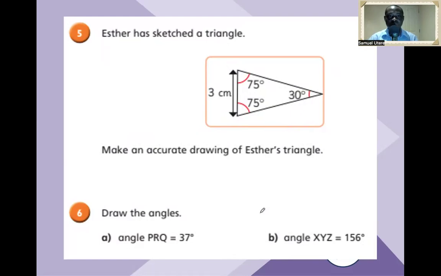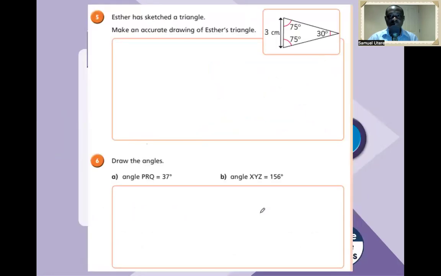Assuming you've paused the video and answered the question, here is what your answer should look like. So here, your orientation is different. So it's exactly like the example we did, but here you're going to need a vertical line, okay? Making sure the line is 3 centimeters.